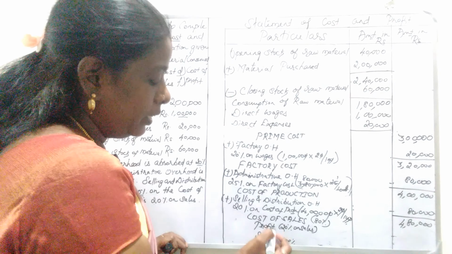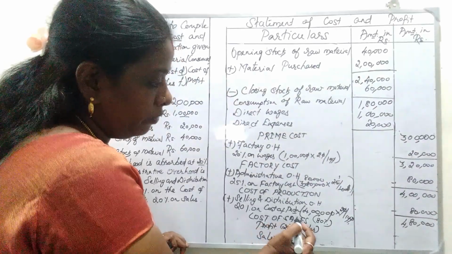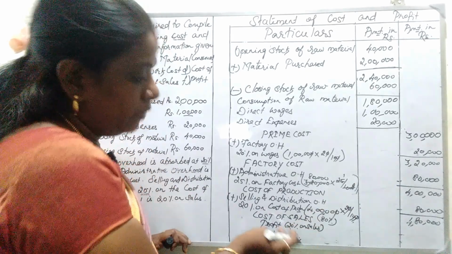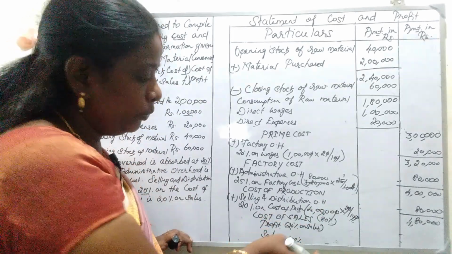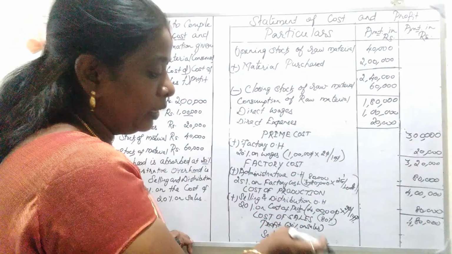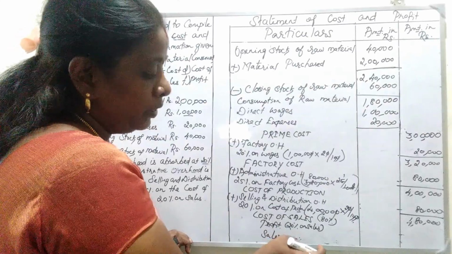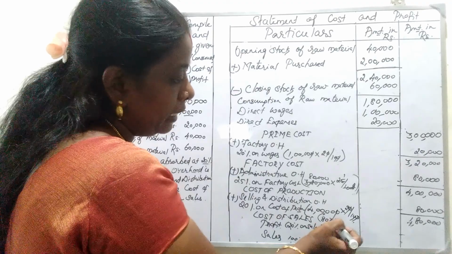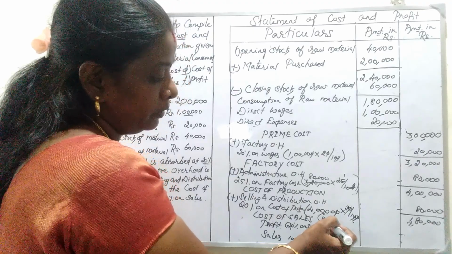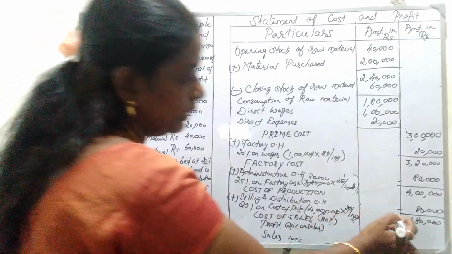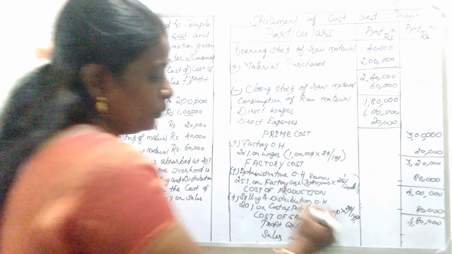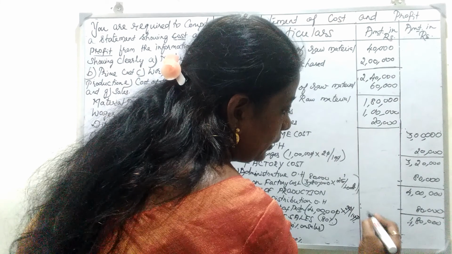Therefore, we know the cost of sales value only. We don't know profit value. We don't know sales value. Only percentage we know. So, if it is 20%, it is the balance from 100. 100 minus 20, that is 80% is cost of sales.